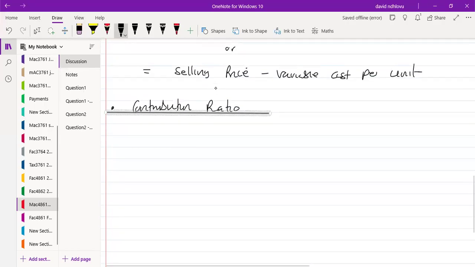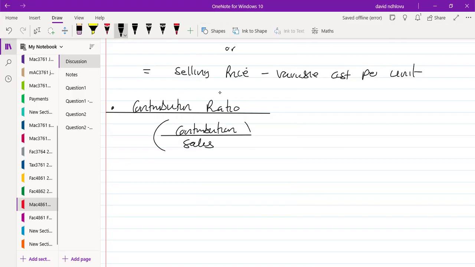It's your contribution, which is sales minus variable costs, divided by sales, all of that multiplied by 100/1, and then this is given out as a percentage. So that's your contribution ratio.